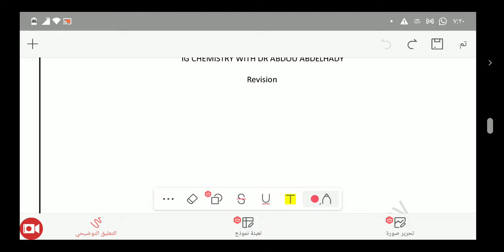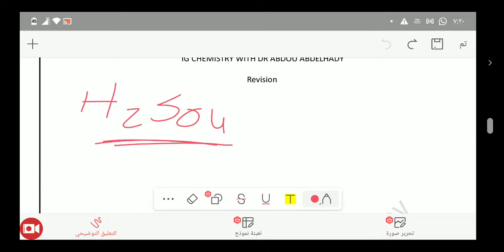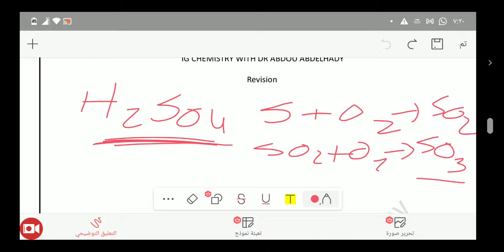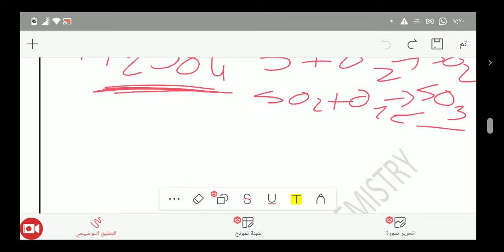It is very important to remember the steps of preparation of H2SO4, the contact process, which starts by the reaction of sulfur and oxygen to give SO2, sulfur dioxide, then the reaction between sulfur dioxide and oxygen to give 2SO3, a reversible reaction, then the formation of oleum, and finally the formation of H2SO4.